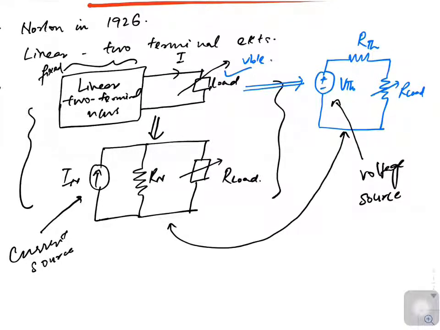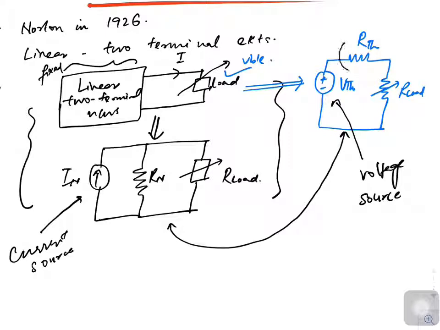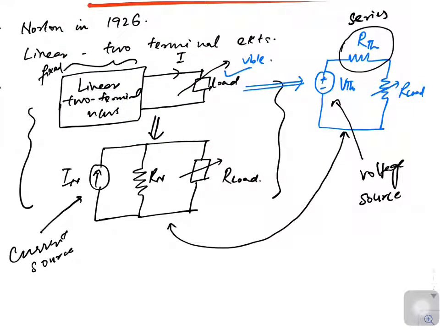In Thevenin's theorem, the equivalent resistance across the load is in series, whereas Norton's resistance Rn would be in parallel.